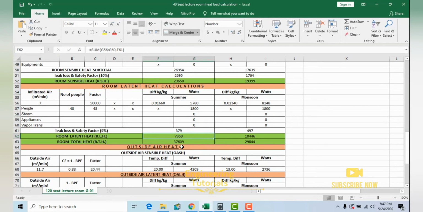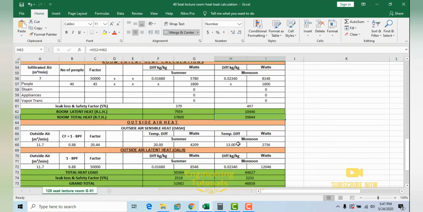And if you want to get the total room heat, you need to sum room sensible and room latent. It will give you 37,000, that is room sensible heat plus room latent heat. This is the total heat for the room for summer and for monsoon.